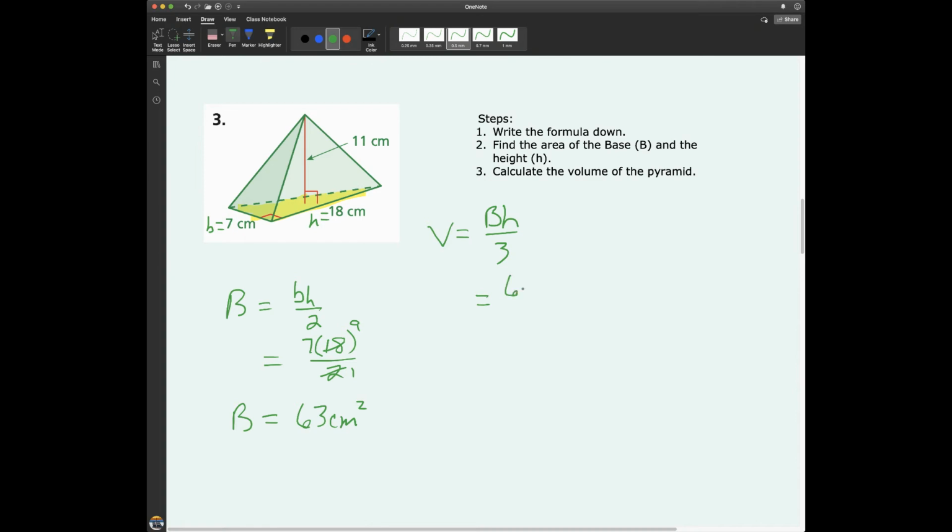I've got 63 times 11 divided by 3. Again, there's more canceling. 3 goes into 63 21 times, and I'm left with 21 times 11. There was a trick that we used to multiply by 11.